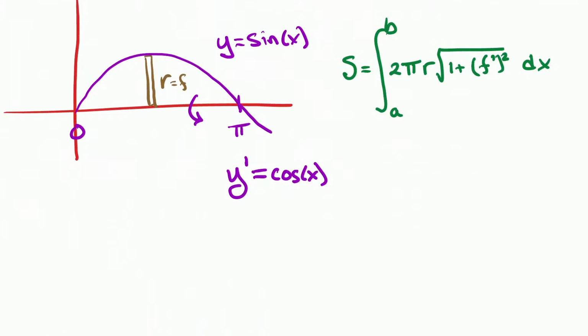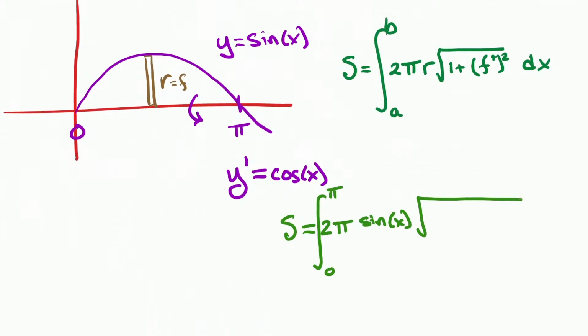Okay, so my surface area is going to be 2 pi times the integral from 0 to pi, 2 pi times the function sine of x times the square root of 1 plus cosine squared of x dx.